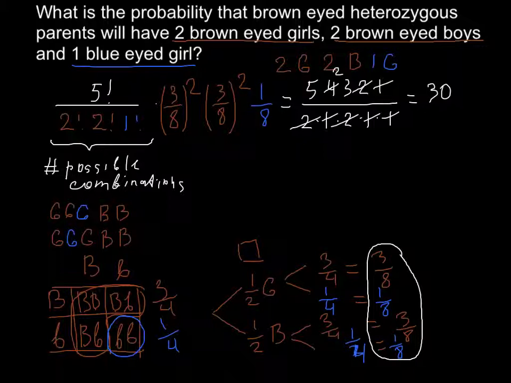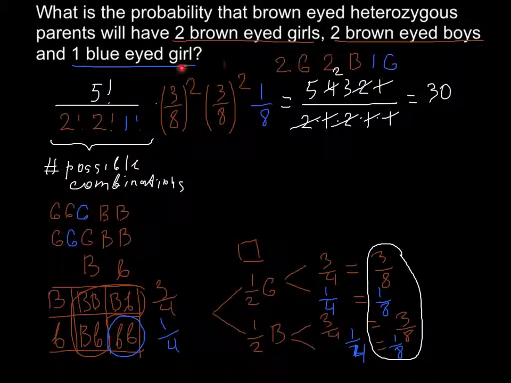So many different combinations exist, and in order to find the number of combinations fast, we use this formula instead of building a list of all possible combinations. And as you see, we find very easily and fast that 30 combinations exist. How we can have 2 brown-eyed girls and 1 blue-eyed girl, and 2 brown-eyed boys.